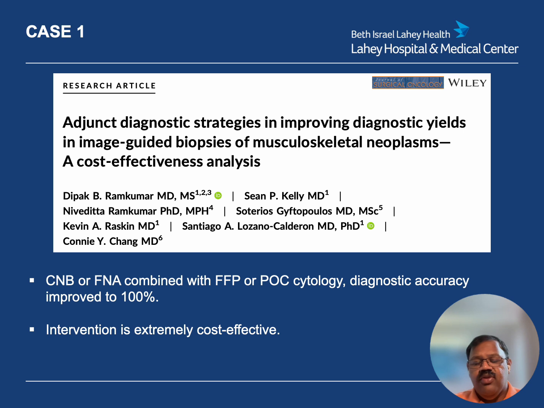As I had alluded to earlier, in the United States, we tend to have a lot of these biopsies done by interventional radiology, and this is to improve the overall process flow through the acquisition of tissue and ensure that we have a diagnostic result. This study essentially showed that doing point-of-care testing, either with touch prep cytology or with fresh frozen at the time of acquisition, was highly cost-effective in helping render tissue that was of diagnostic value and minimize non-diagnostic biopsies.